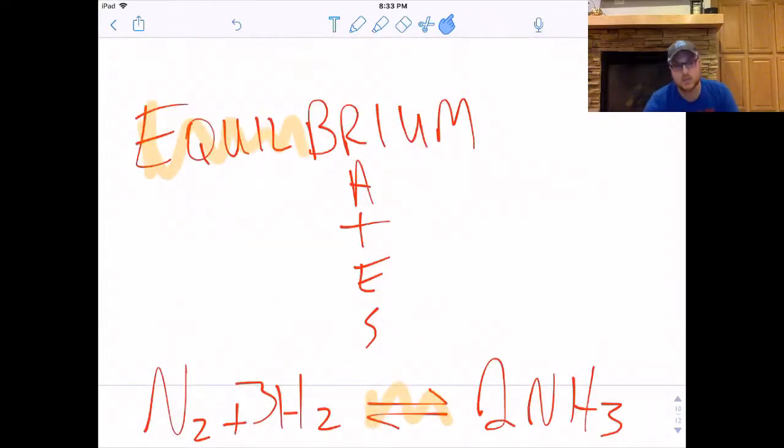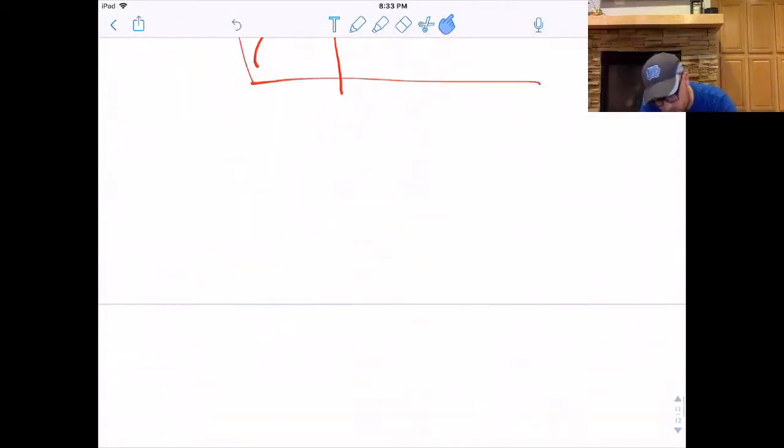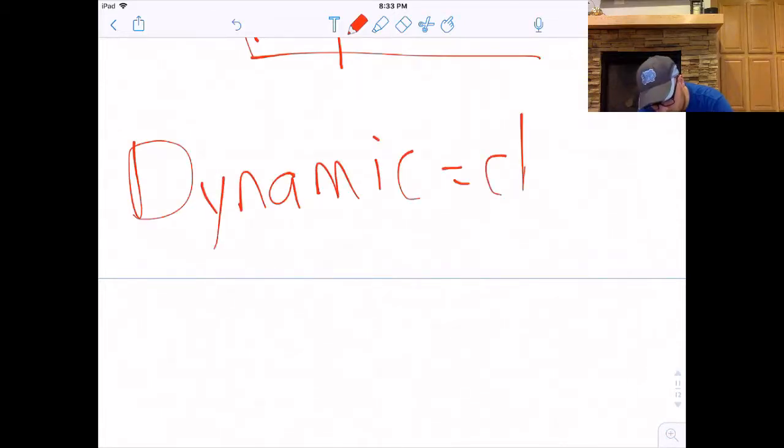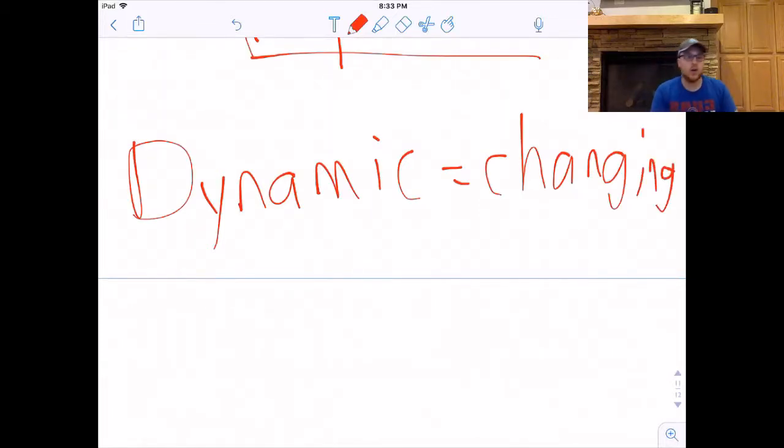Equilibrium is what we describe as dynamic. And all that means is that it's changing. So all reactions at equilibrium will adapt to the conditions you put them at, which makes it dynamic. So they have to go through changes to reach equilibrium again. You can see equilibrium as a phase equilibrium.